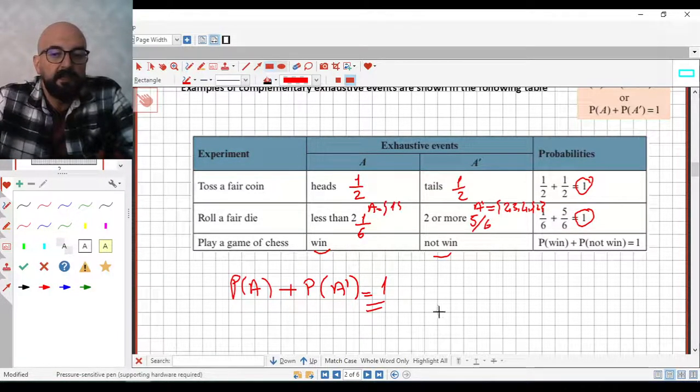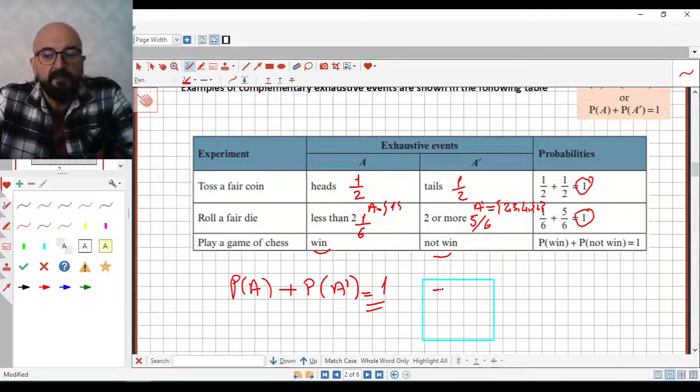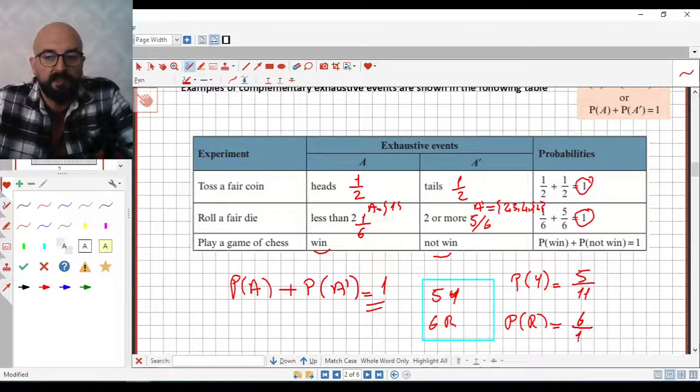For example, you have a box with five yellow balls and six red balls, and you want to choose a ball. The probability of a yellow ball is 5 over 11, and the probability of a red ball is 6 over 11.